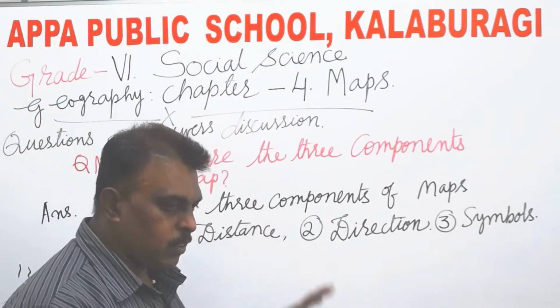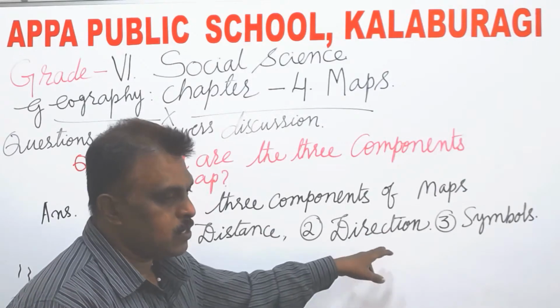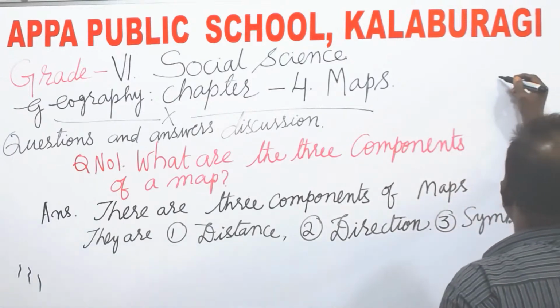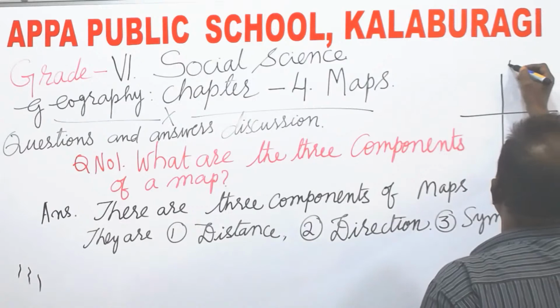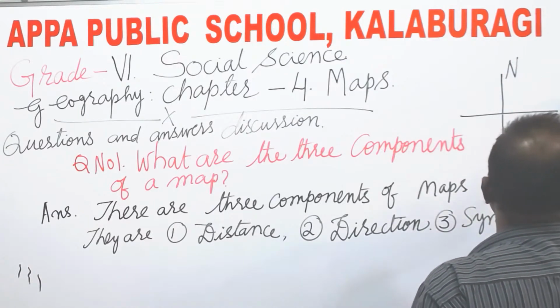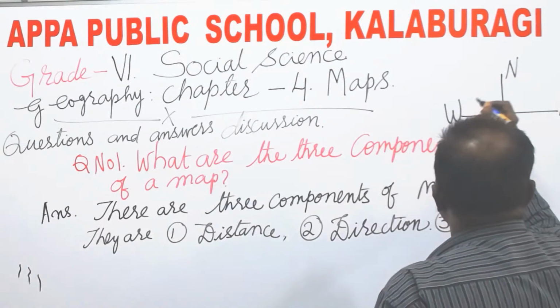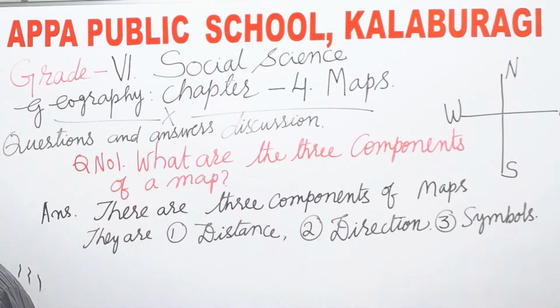Next one is direction. In the map, I want you to understand the four cardinal directions. As we know, this is north, this is south, this is east, and this is west.